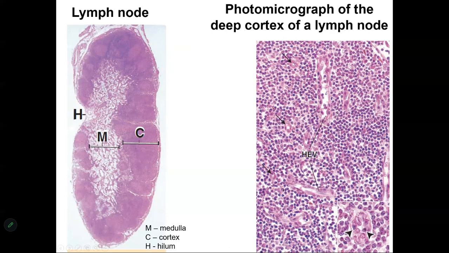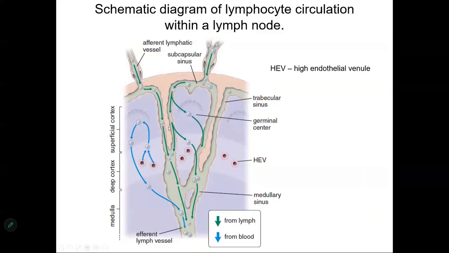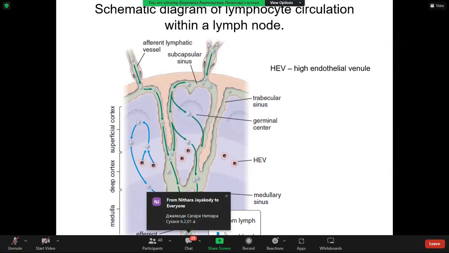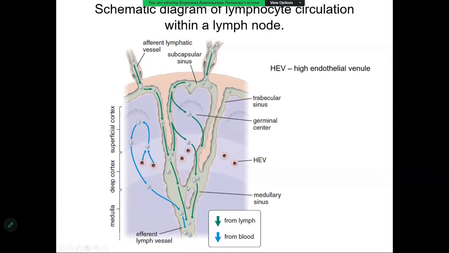Deep cortex is T zone and high endothelial venules. This picture illustrates interrelations of lymph flow, and flow into and from blood and into and from lymph.